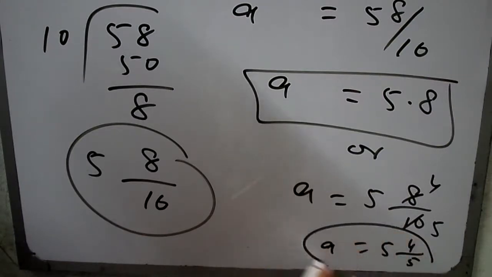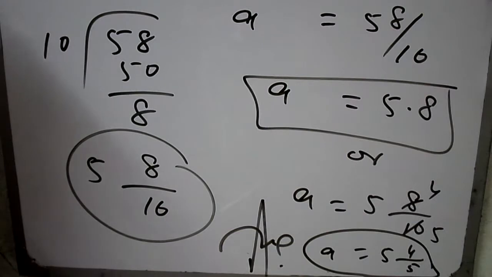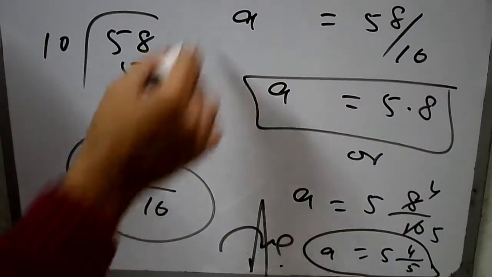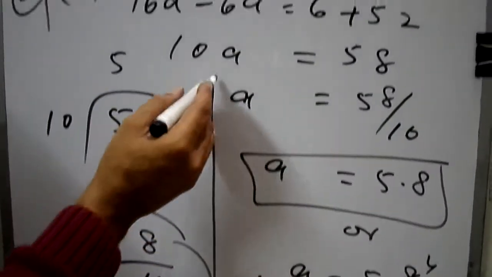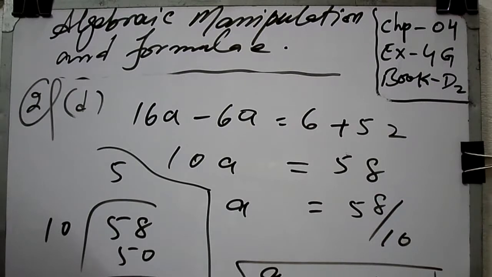So that is your result in decimal form, or in fraction form, or the simplified fraction form. So that is your result. Coming to the next part.